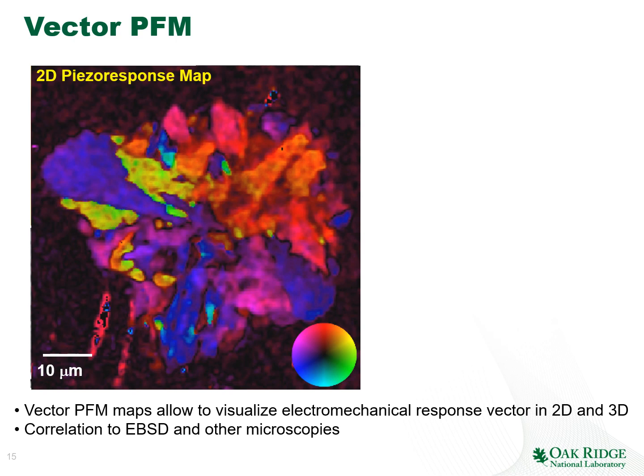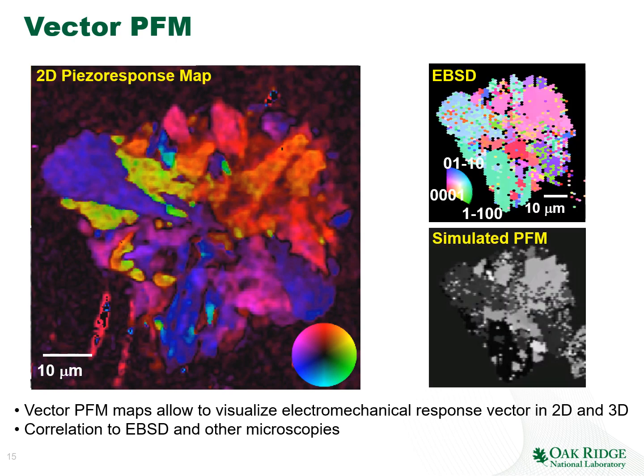Now, in this case, we are able to build this full two-dimensional PFM map, and more importantly, we also can directly compare it with the EBSD. So EBSD is the electron beam technique that allows us to map the orientation of the individual domains. So we, in this case, have a map when we have the full three-dimensional map of the electromechanical response, and we have a map of the crystalline orientation.